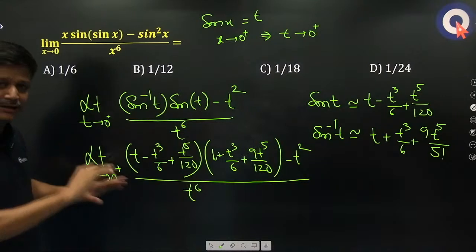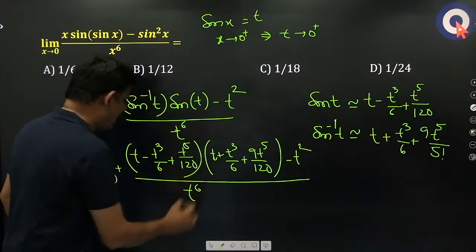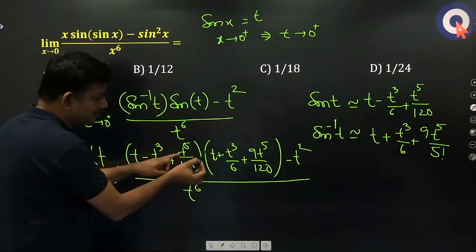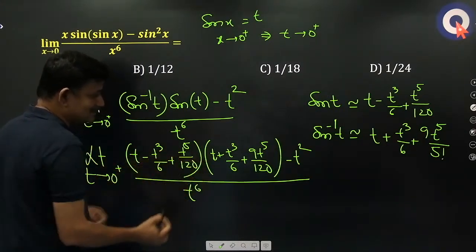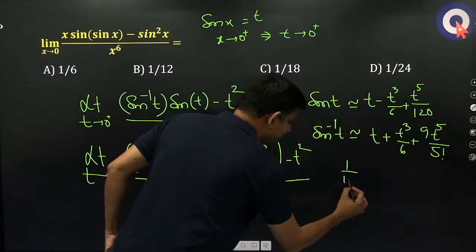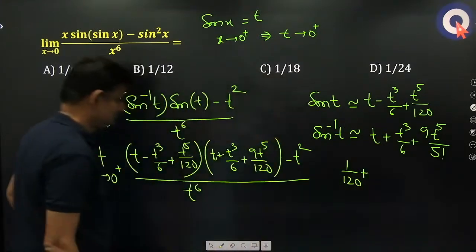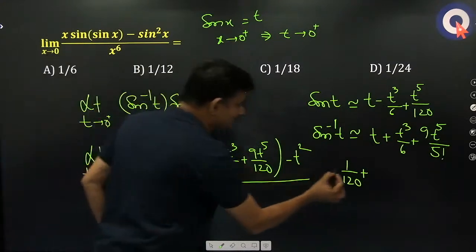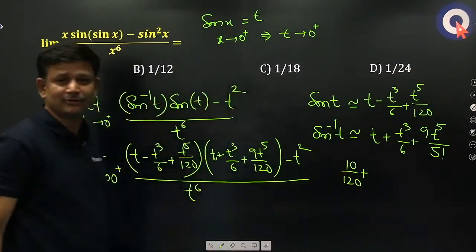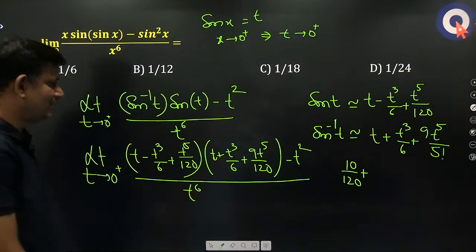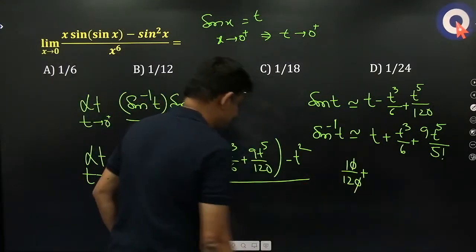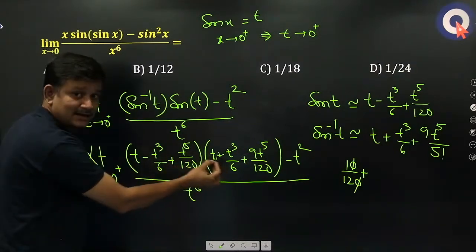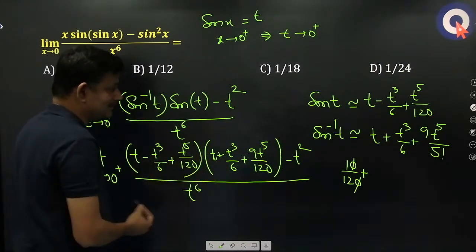So all the terms are automatically getting cancelled. Our focus should be on the t power 6 term. How will you get the t power 6 term? t power 5 multiplied by t, that is 1 by 120. This t power 5 multiplied by t, 9 by 120. So 9 by 120 plus 1 by 120 is 10 by 120, which is 1 by 12. Then product of these two, what is that? Minus t power 6 by 36.